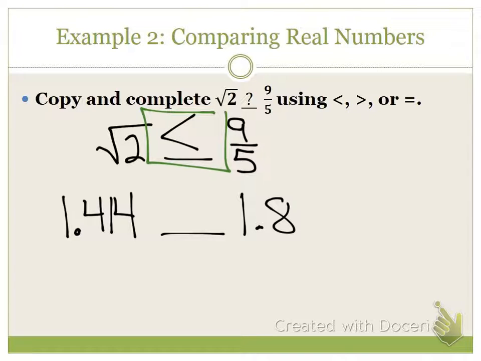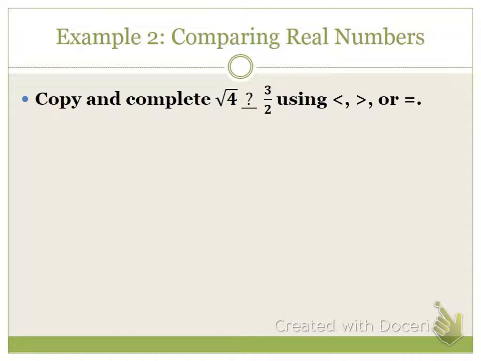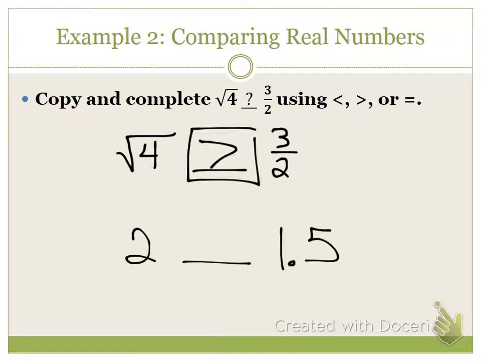All right, did you get that? Okay, so let's do one more of these. Comparing. All right, now the square root of 4 to 3 over 2. All right, so square root of 4, guys, 2. 3 over 2 is 1.5, so square root of 4 is bigger. And you have a whole section like that. That's all you do, okay?